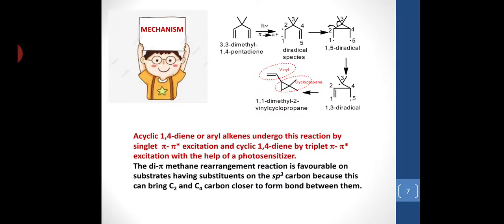Di-pi-methane rearrangement is favorable on substrates having substituents on the sp3 carbon, as substituents bring the C2 and C4 carbons closer to form the bond between them.